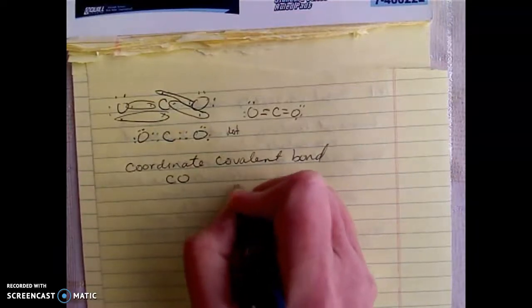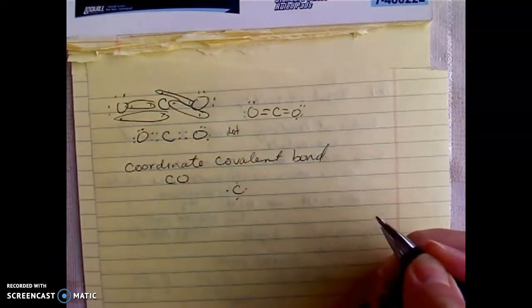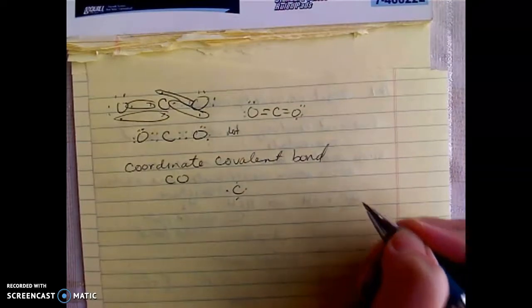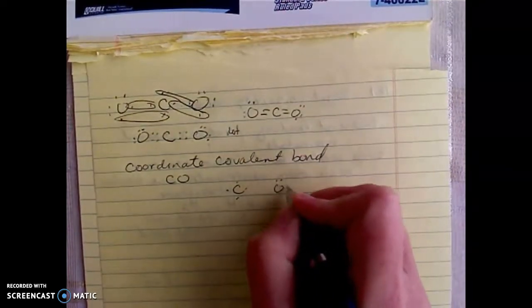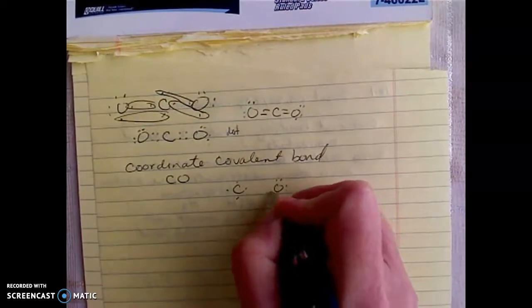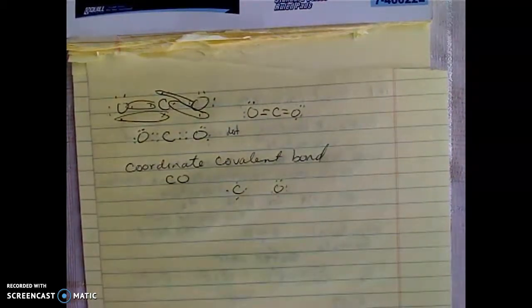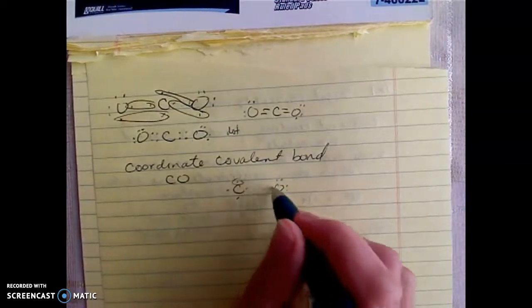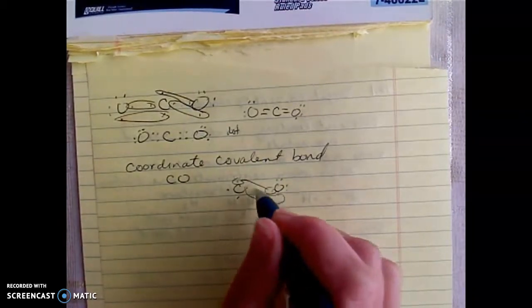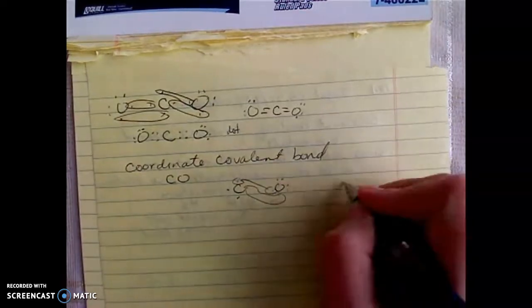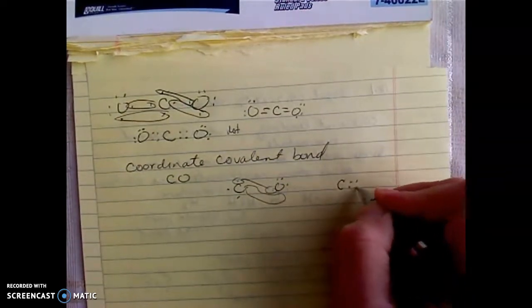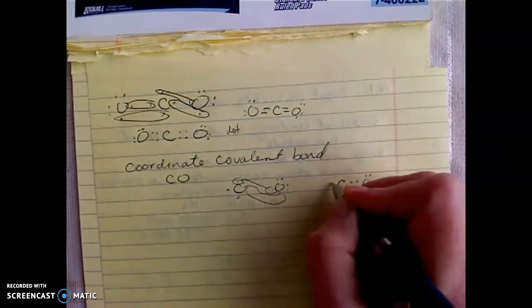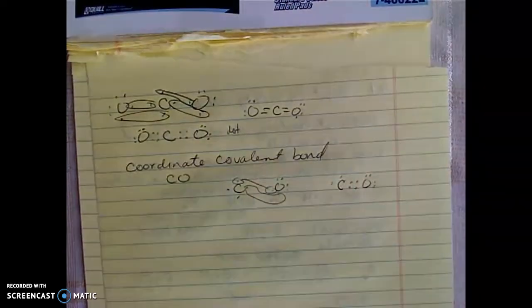Again, carbon needs 4 more electrons to have its 8, and oxygen only needs 2 more. Okay, so how is that going to work? Well, it looks like this and this one could bond, and this one and this one could bond. Okay, and then that would give me C, double bond, O, and then 2 single electrons here, which could pair up, which wouldn't be a big deal. And it looks like this would be okay.